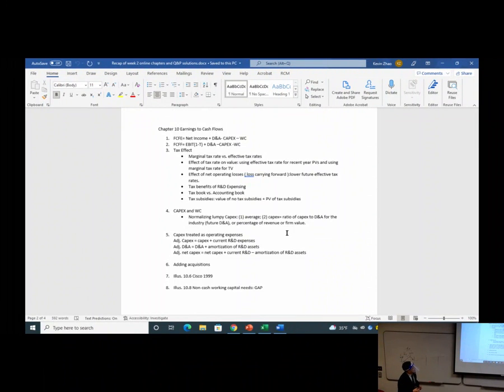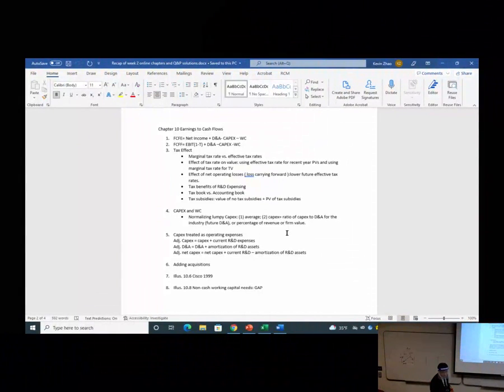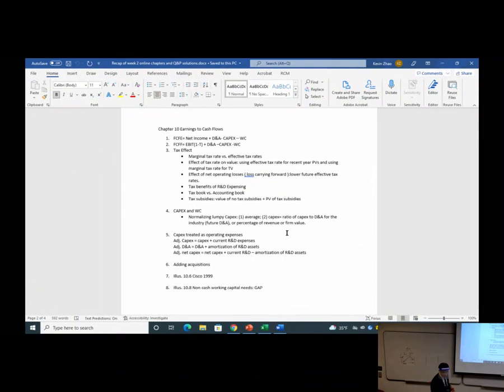Right? And to calculate this FCFE, we start with net income. Add back D&A, that's depreciation and amortization, because those are non-cash charges. And net income is the number after those non-cash charges. In order to see the truth of cash, we add it back.